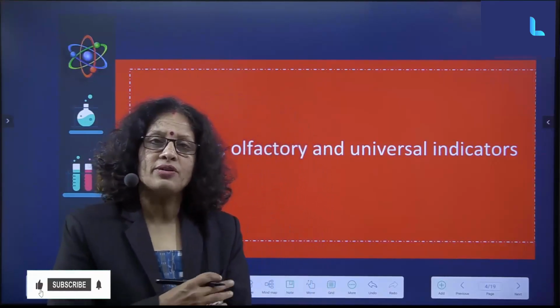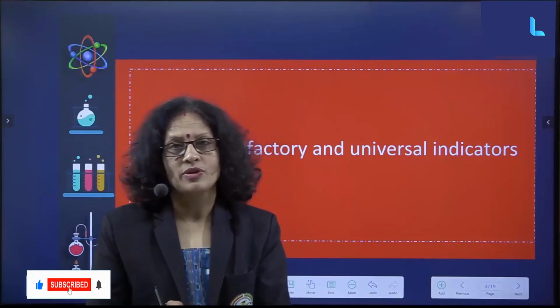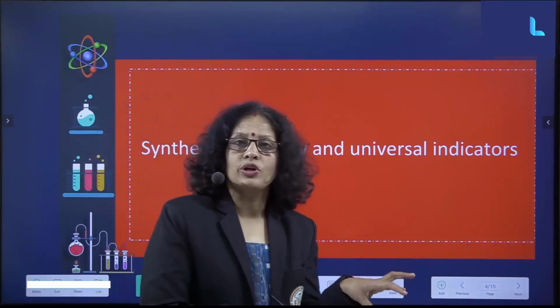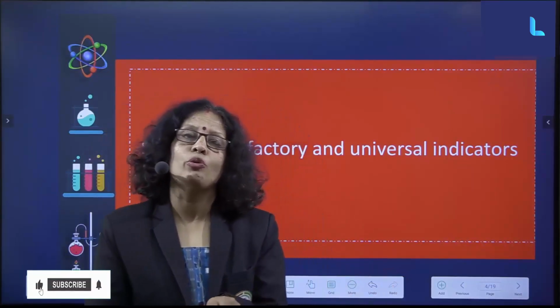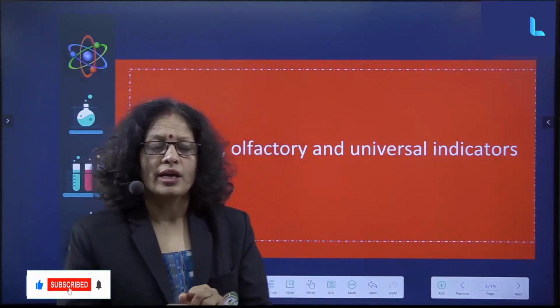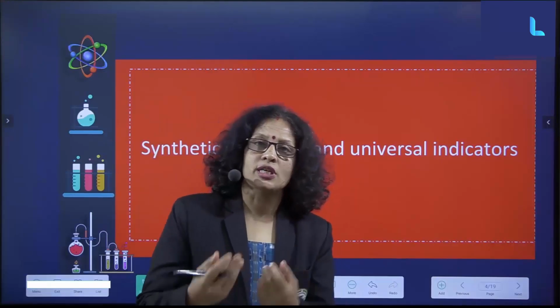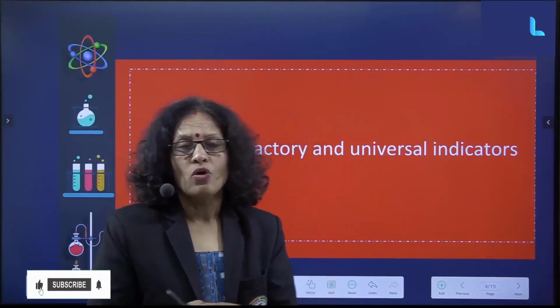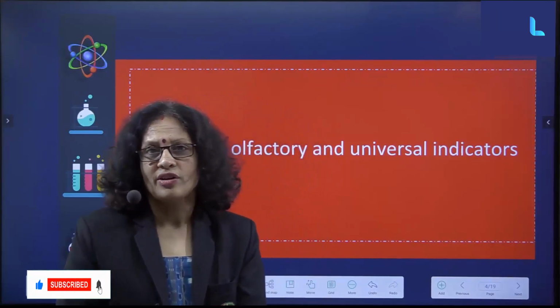So a complete range of color change is observed, whether it is treated with an acidic or basic substance. Indicators like that, which work for both acid and base, are called universal indicators.